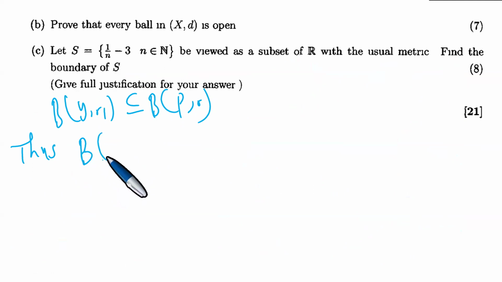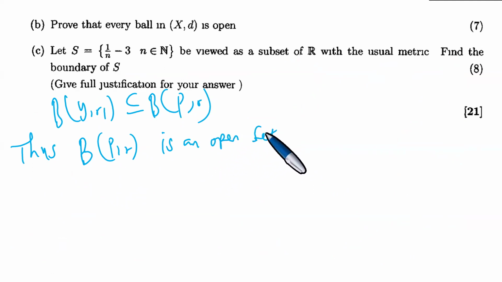Thus, BPR is an open set because it has an open ball inside. If there's an open ball, every point inside has an open ball around it. Therefore, this set itself is open, because a set that is open means that every point inside is an interior point.